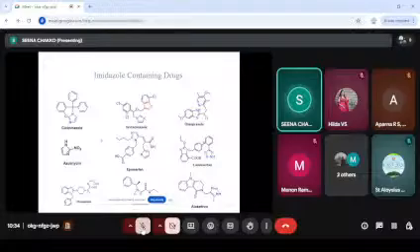And these are commercially available imidazole-containing drugs. In our study, imidazole is a 5-membered heterocyclic moiety which has great importance in medicinal chemistry. In our study, we mainly focused on imidazole as a core structure. These are some examples of imidazole-containing commercially available drugs.